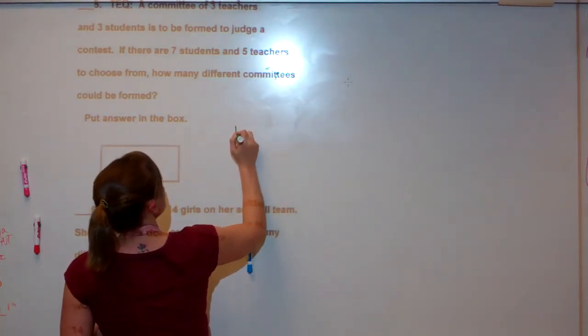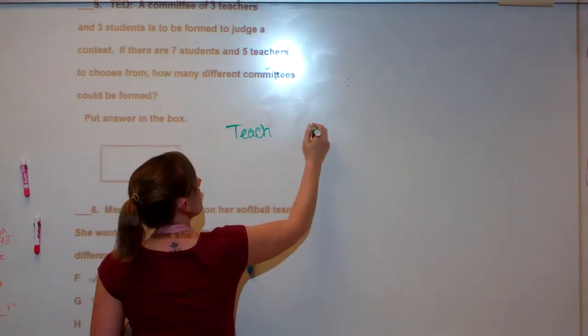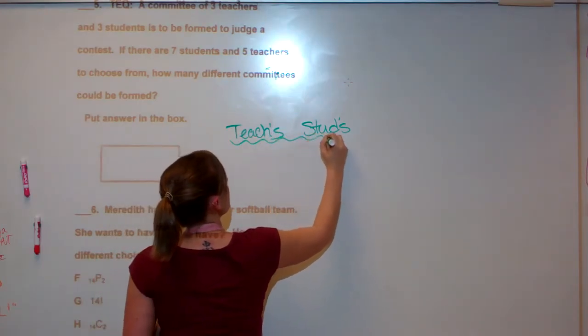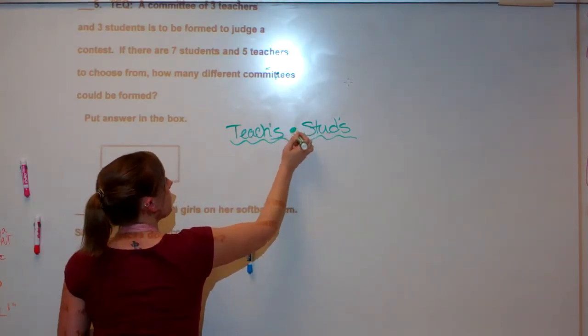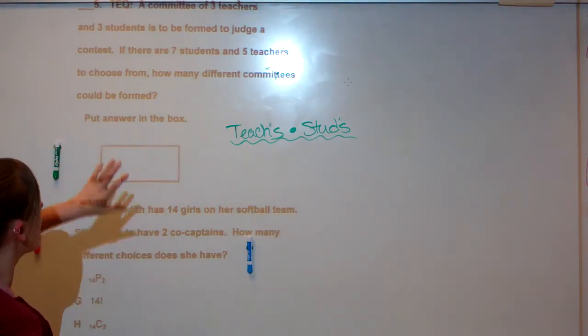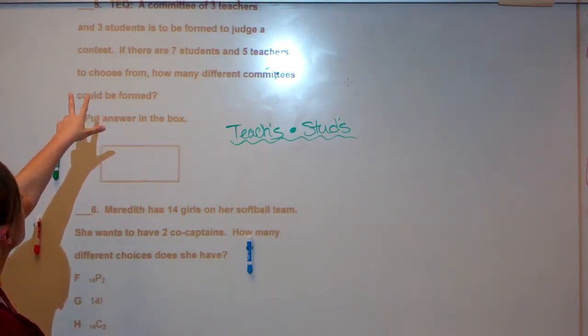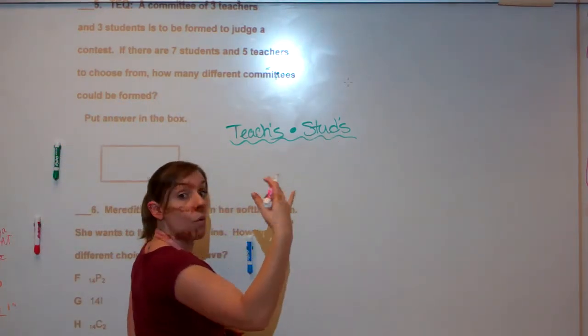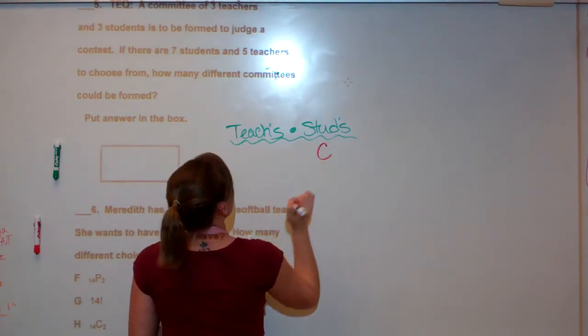So when it comes to the teachers and the students, okay, so we're going to multiply that. And it doesn't talk about any specific positions or anything. So 3 teachers, 3 students. There are 7 students to choose from. So since there's no order, we're not picky, we're going to use the combination.